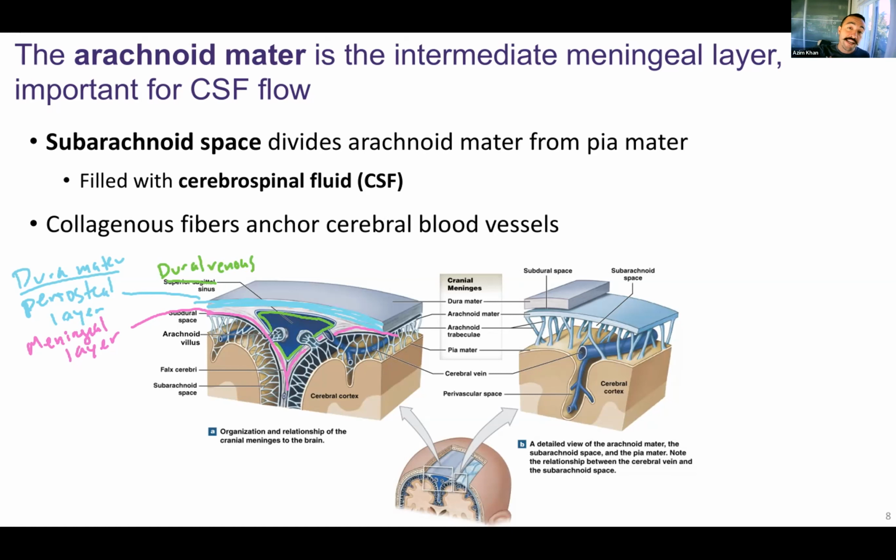The next layer down is the arachnoid mater, which I'm going to color in yellow. Now it has what I'm coloring here in yellow, but it also has the web-like portion of it, has these extensions that reach down deeper.